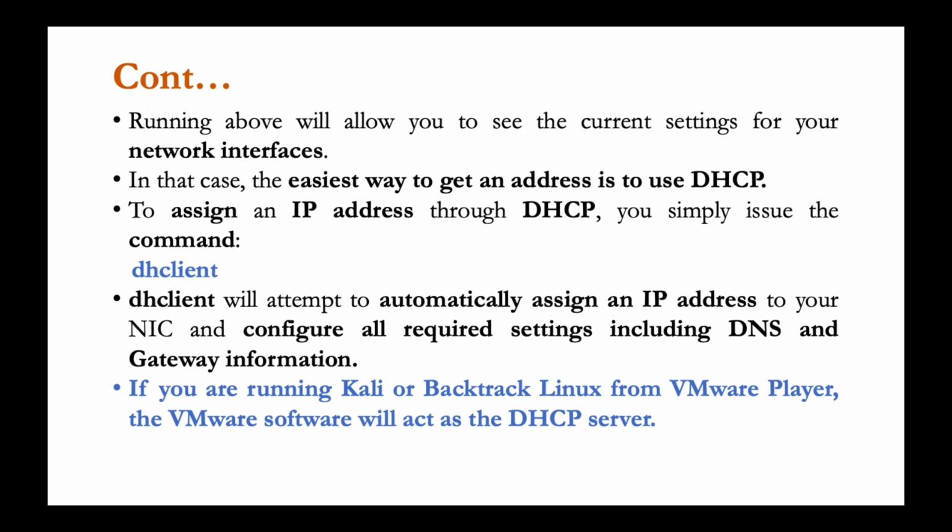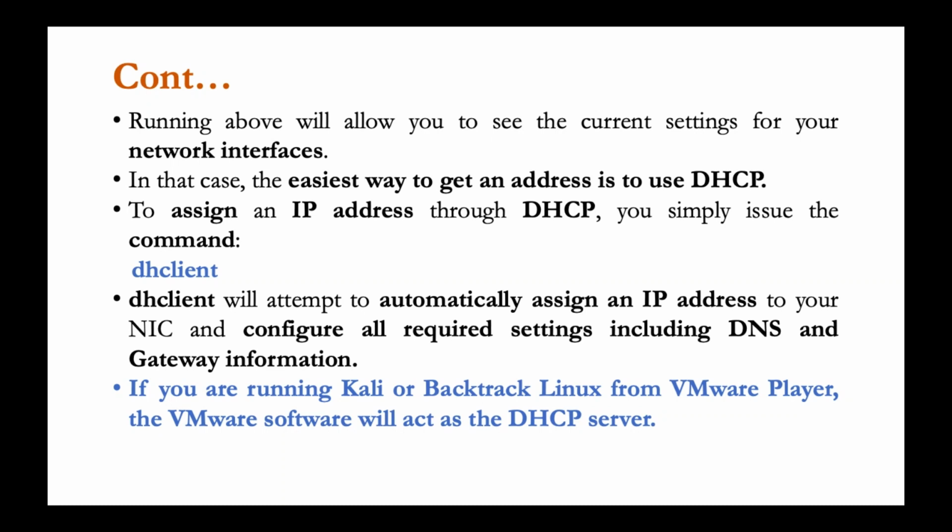By running this ifconfig -a, this will allow you to see the current settings for your network interface. Because this is a beginner's guide, and for the sake of simplicity, we will assume that stealth is not a concern at the moment.